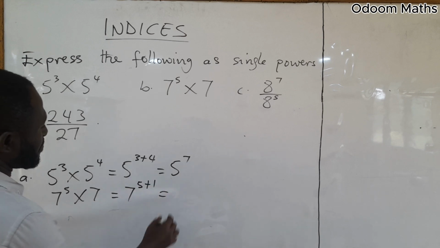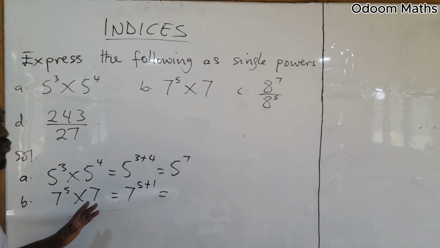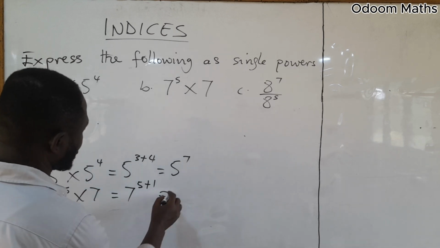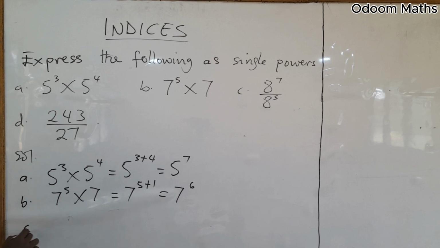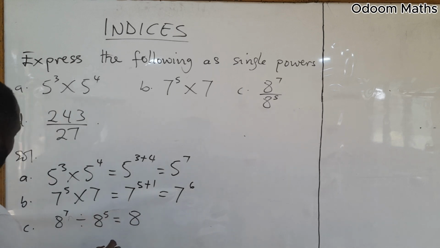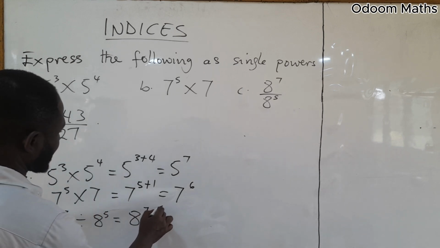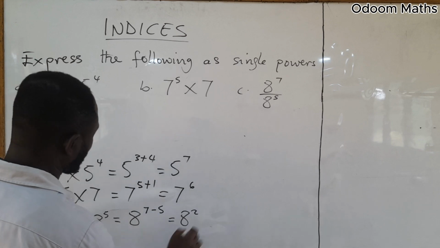That is, we are using the first rule or law of indices. So this is 7 to the power 6. And then the third one, that is c, 8 to the power 7 divided by 8 to the power 5, also becomes 8 to the power 7 minus 5, which is 8 to the power 2.